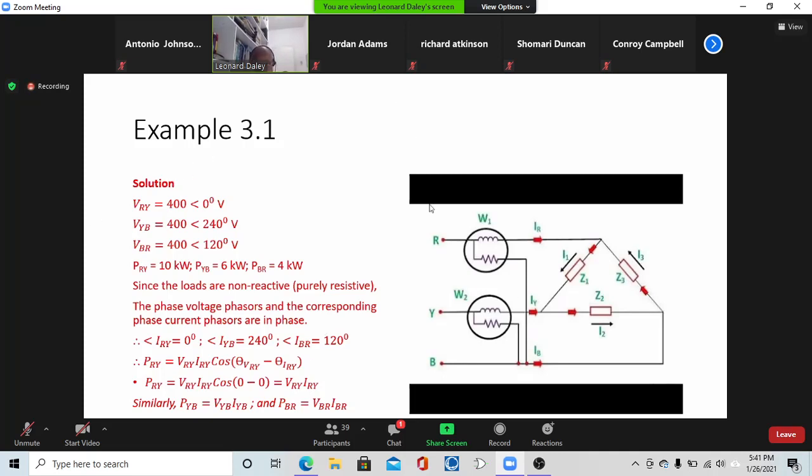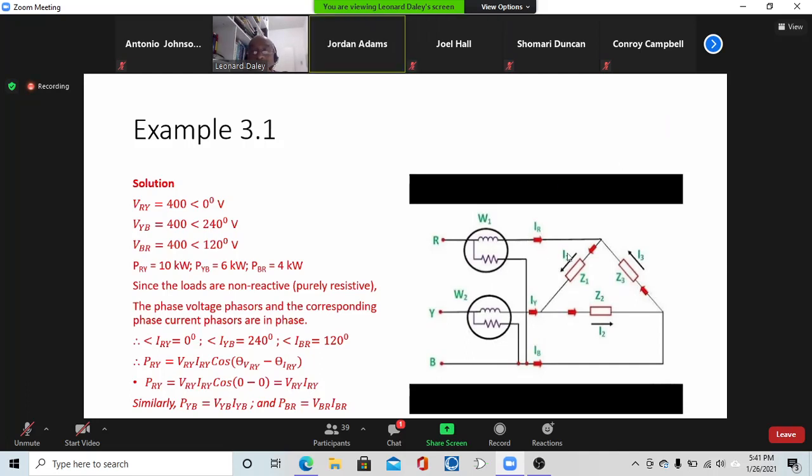Now, the next thing we needed to do was to find the phase currents in order to find the line currents, and since this is an unbalanced system, we need to find all phase currents. Everybody clear? Yes, sir. So why do we have to find all phase currents again, sir?